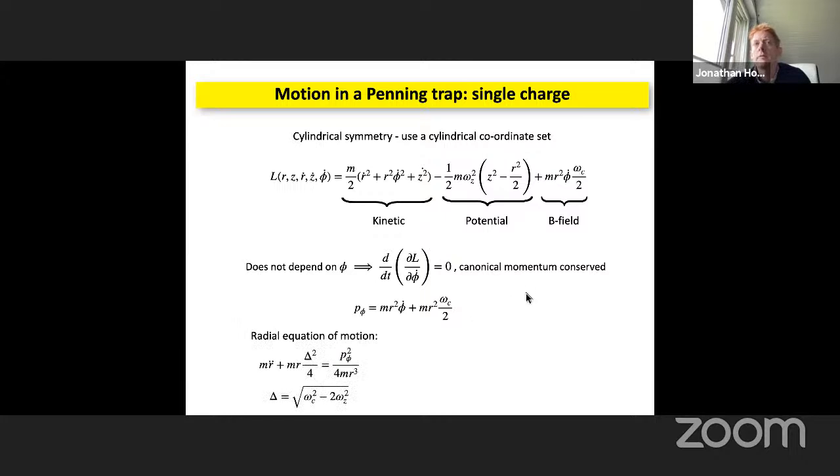We can also derive a radial equation of motion. The structure of that is such that you have the usual second-order differential of your radial coordinate. There's some term here which looks roughly like a harmonic oscillator type term, right? We've got some parameter which is positive, delta squared, times the radius.